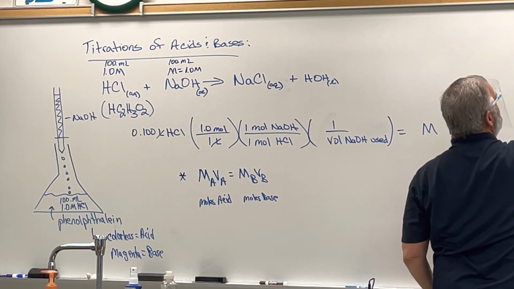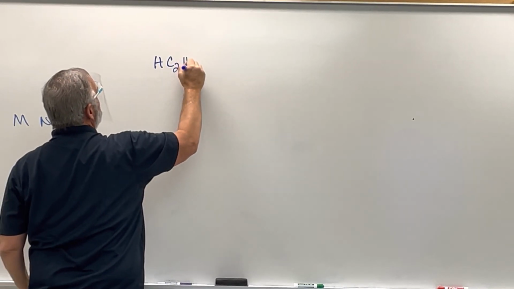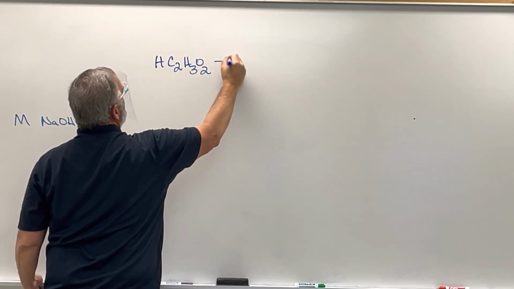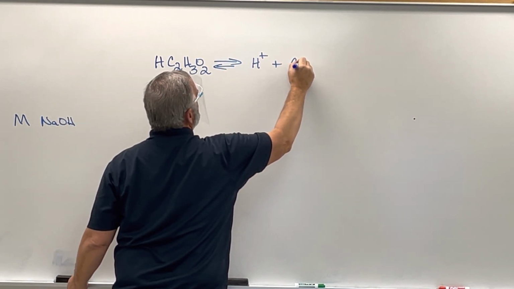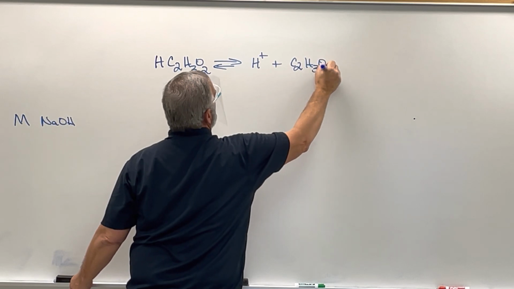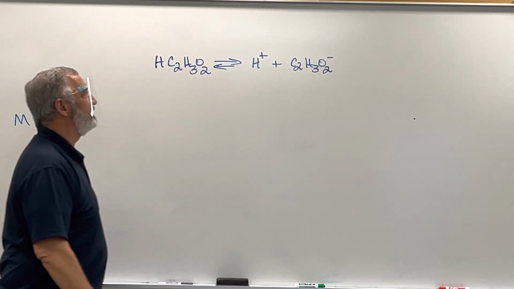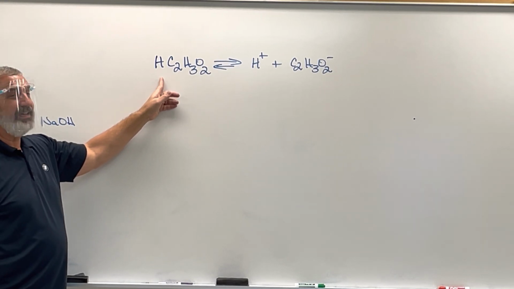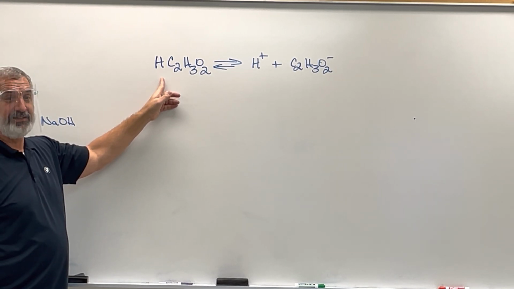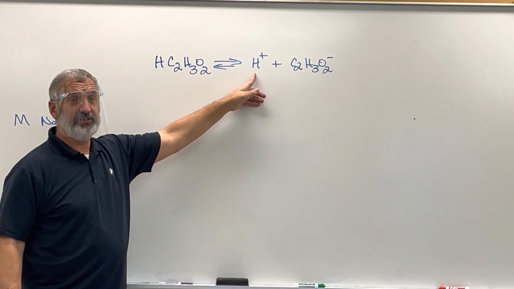it's everywhere. HC2H3O2 is going to break up into H plus and C2H3O2 minus. Now, if I start adding in base, we're only going to have a little bit of this, right?